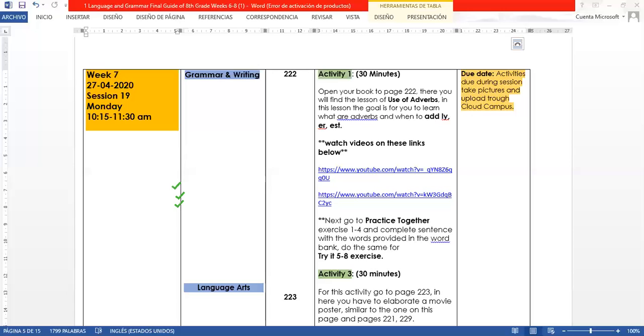Then we have another rule here. If the adverb ends in ly, use more to compare two actions and most to compare three or more actions.